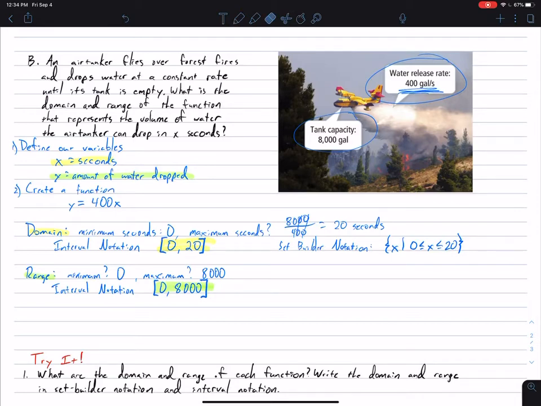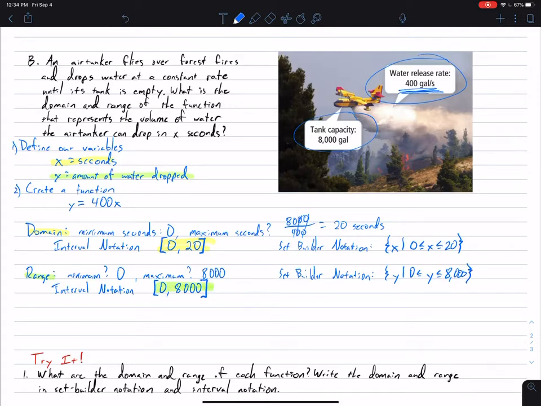And then set builder notation for our range would be y such that 0 is less than or equal to y, which is less than or equal to 8,000.